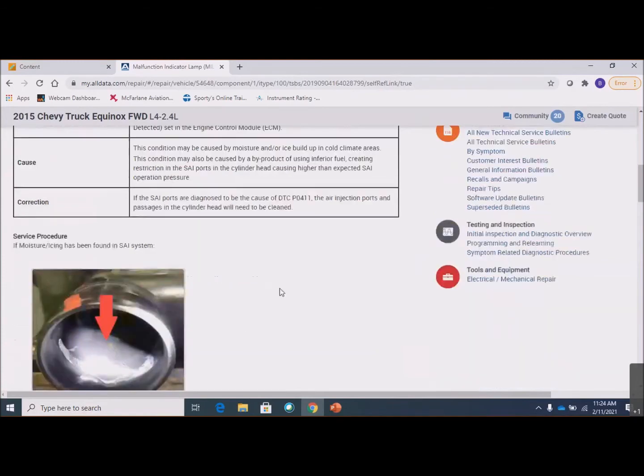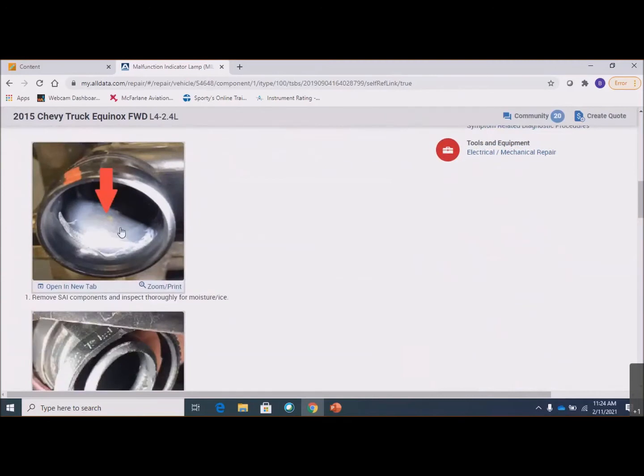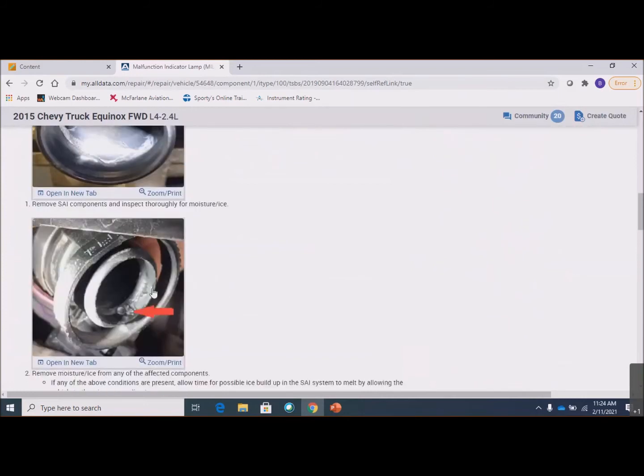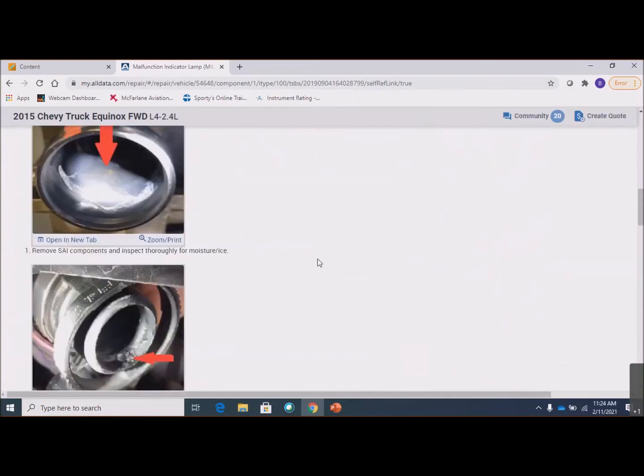So, first thing they have you do, this is the plastic hose that comes from the air pump to the air valve. And what they're showing, I don't know how clear it is here, is ice buildup in there. So if you got condensation, you got moisture in there, and then it freezes, that could cause the lack of flow.